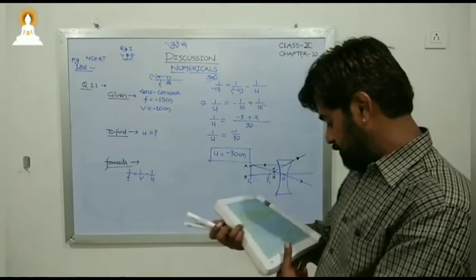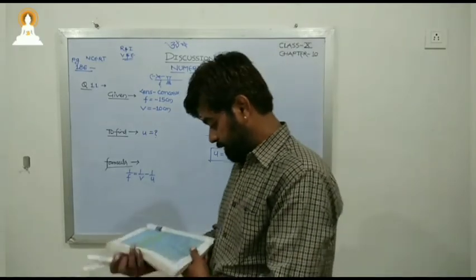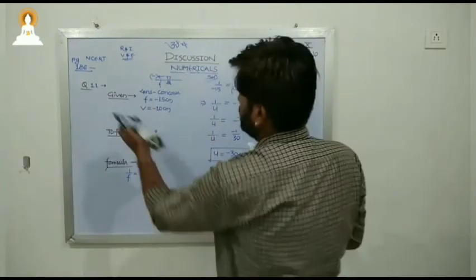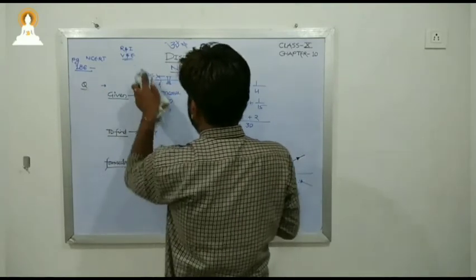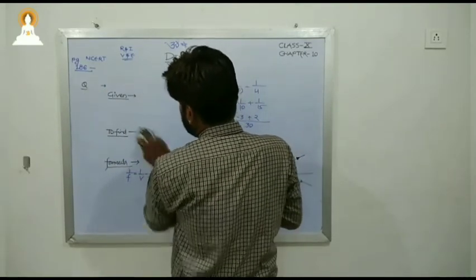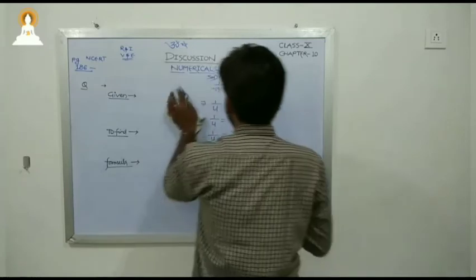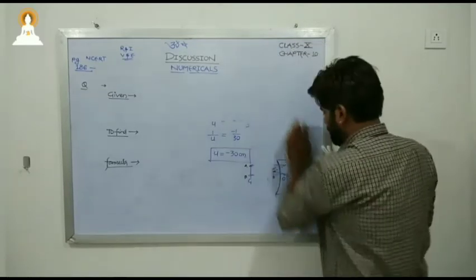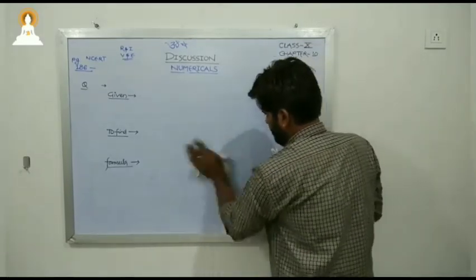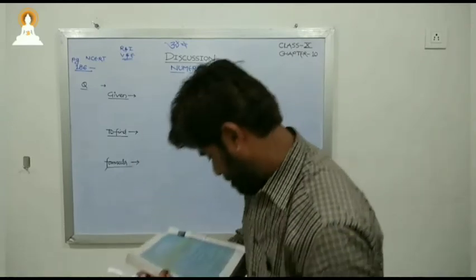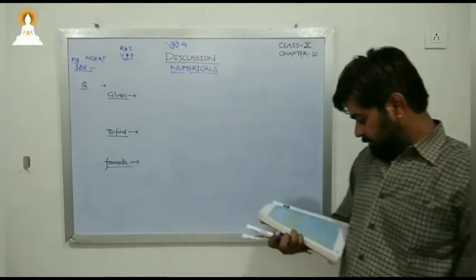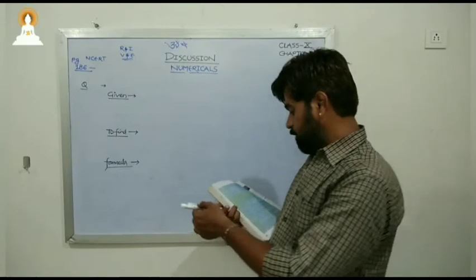Question number 12 is also a similar one. Now question number 12. In question number 12, they have given an object placed at a distance of 10 cm from a convex mirror.